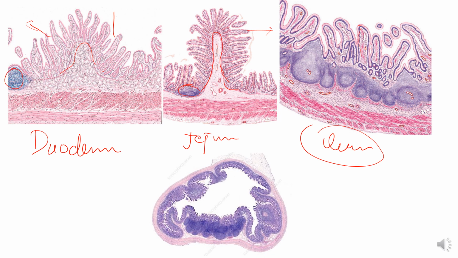So then comes the submucosa. A very obvious change here in the submucosa is the presence of the Brunner's glands in the duodenum. No glands are present in the submucosa of the jejunum or the ileum.